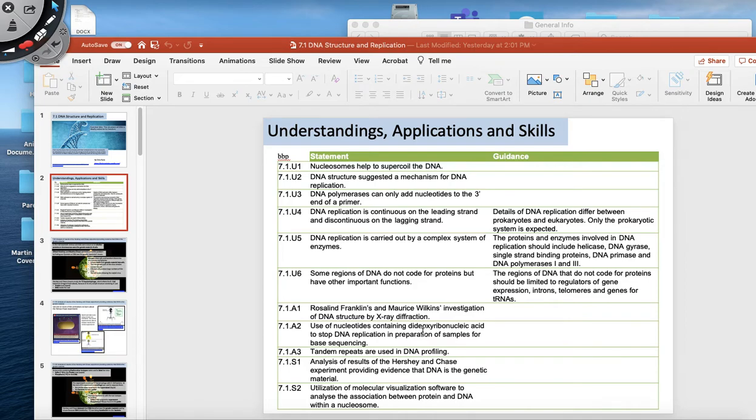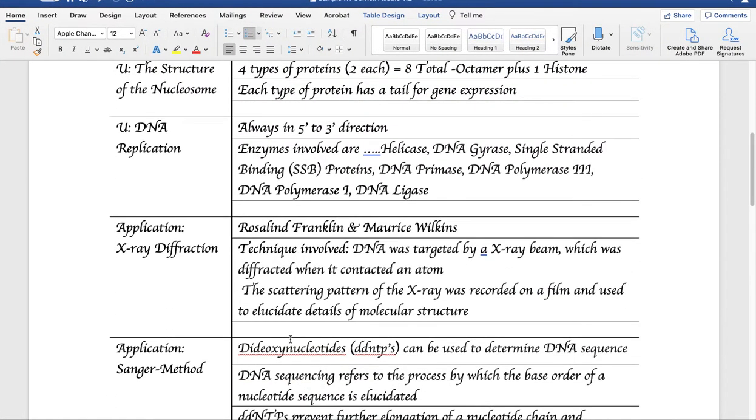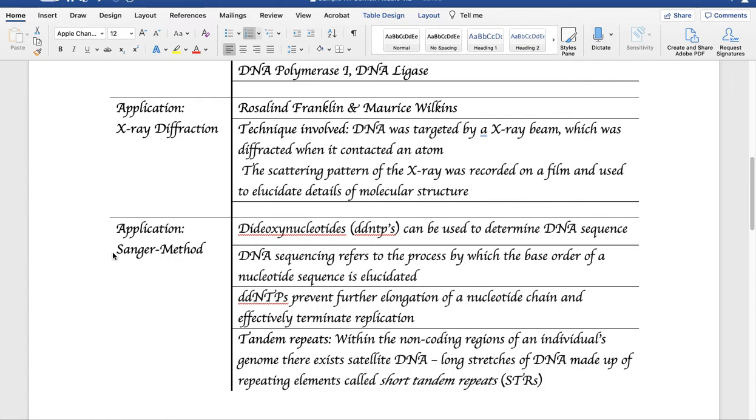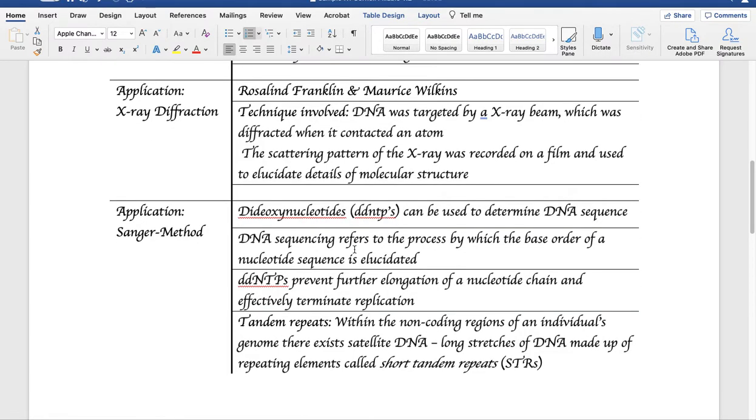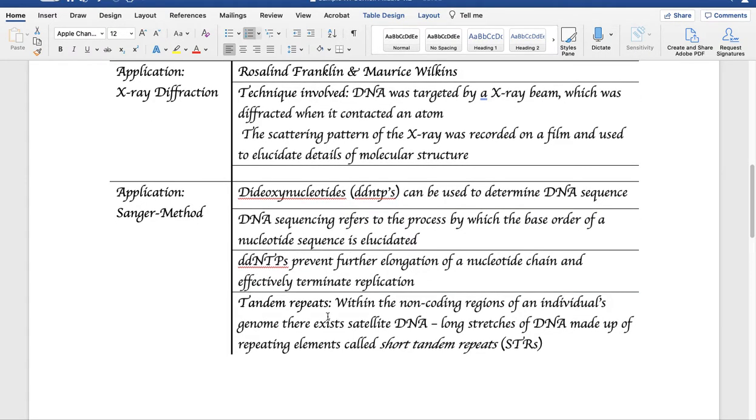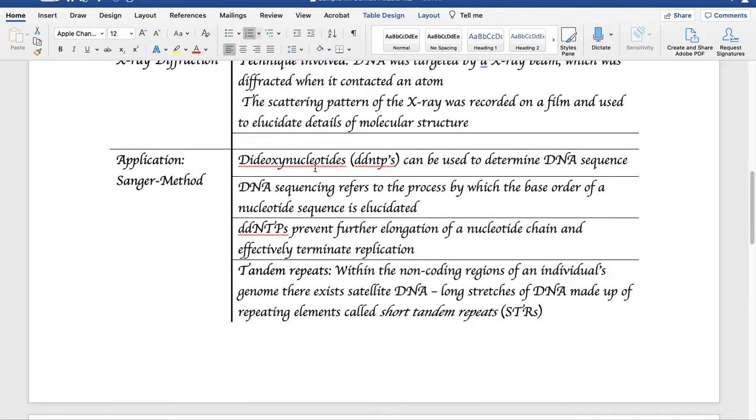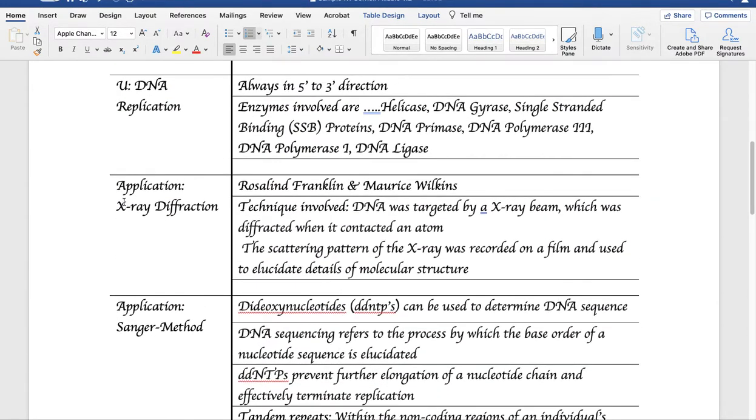Then what are these ddNTPs that are used in the Sanger method to prepare DNA sequences for DNA profiling? And then what are these tandem repeats? So these three applications require you to understand the Sanger method, understand what these ddNTPs are, and understand what tandem repeats are. I take notes on that, of course. And then the other application is to understand what X-ray diffraction is.